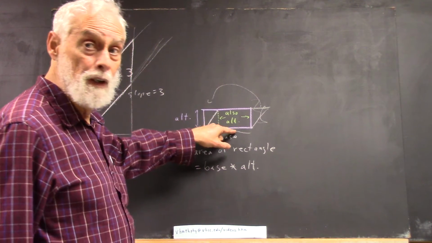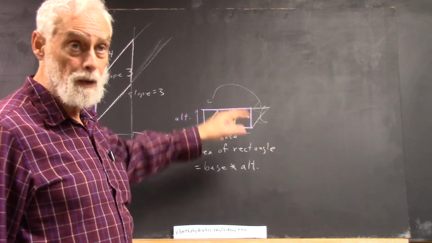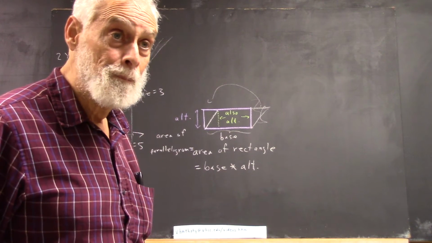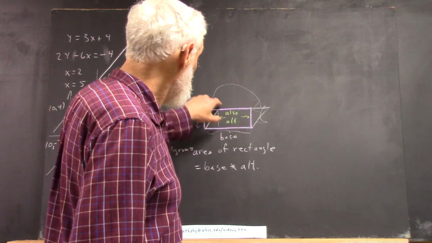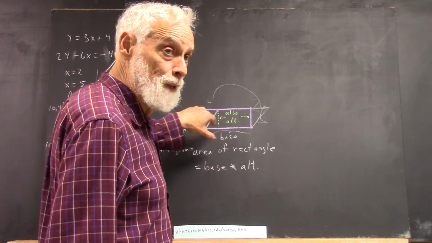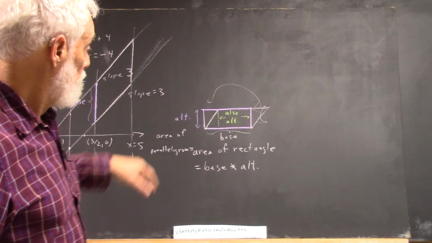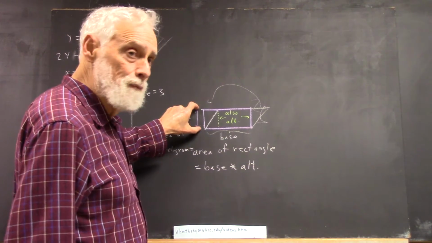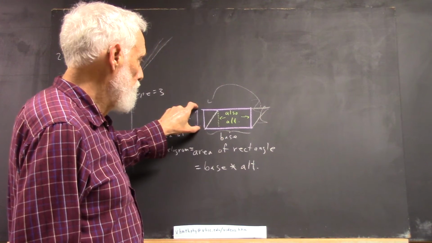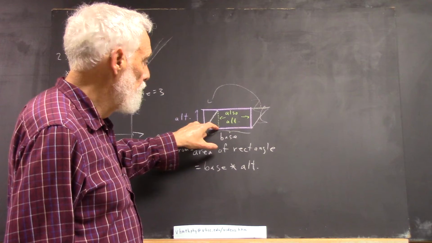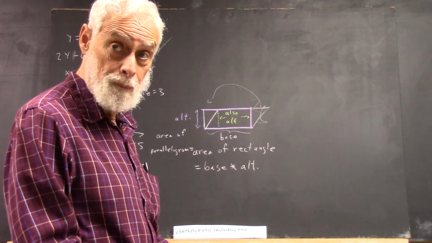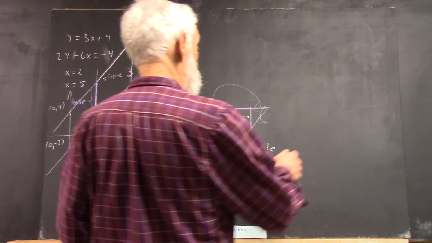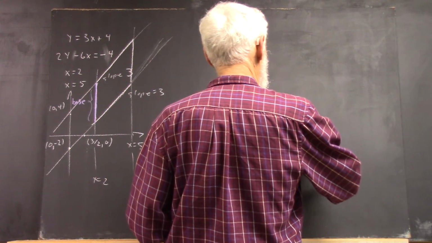This side of the original parallelogram and this are parallel because that's what a parallelogram means. And that's why this fits here. This is parallel to this, right? So they fit together. So this is what we'll use for base and altitude, but the altitude is equal to this and also to this.